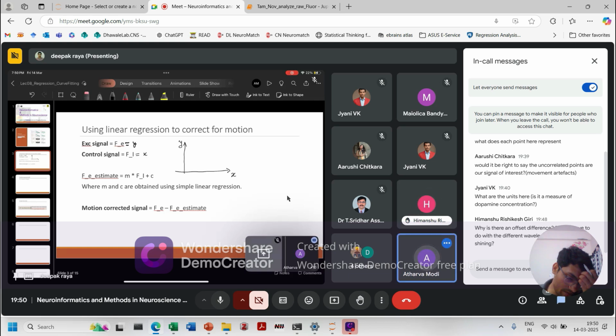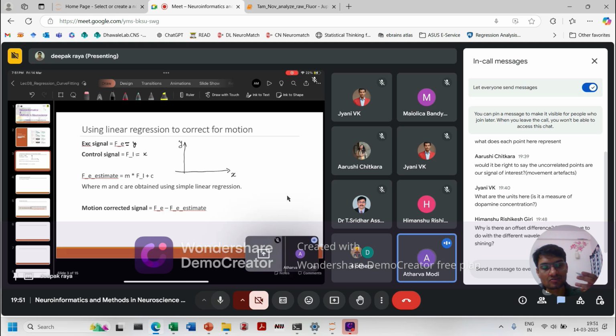See, the sensor itself may have different emission properties for different wavelengths. If you shine the exact same intensity of wavelength A versus wavelength B, the emission you get will be different, even in the absence of dopamine. Second, the intensity of the lights that you shine is also different.